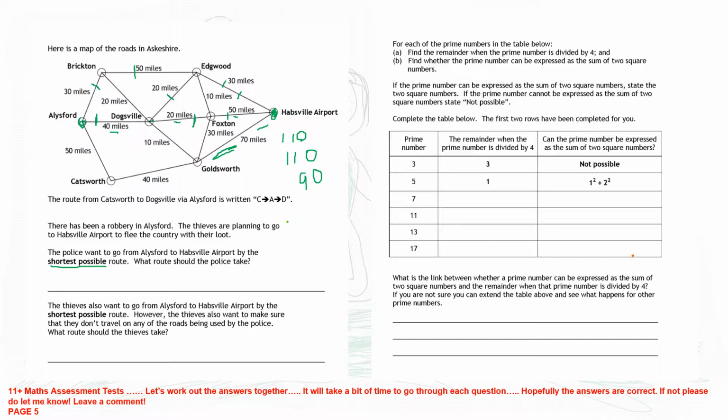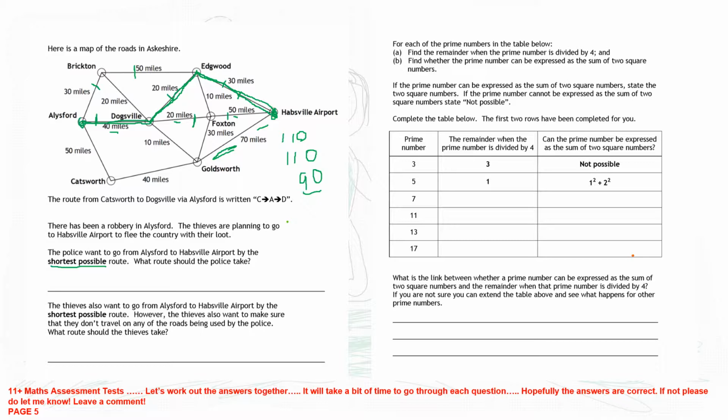The shortest possible looks like it's 90, which is Aylesford to Dogsville, Dogsville to Edgewood, Edgewood to Habsville Airport. So this, I think, is the route that the police would take, and this is the shortest possible route.